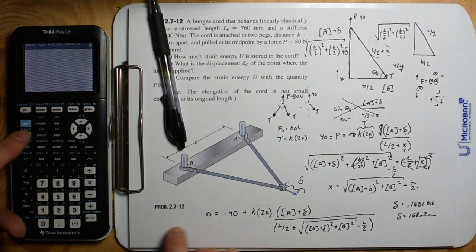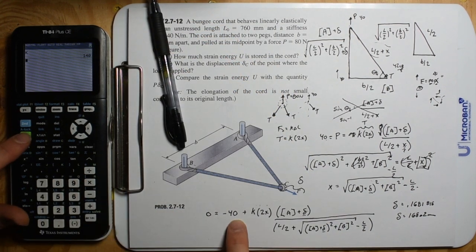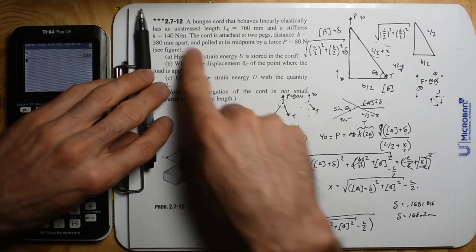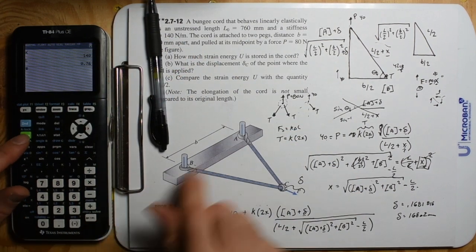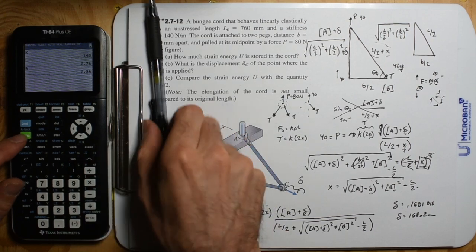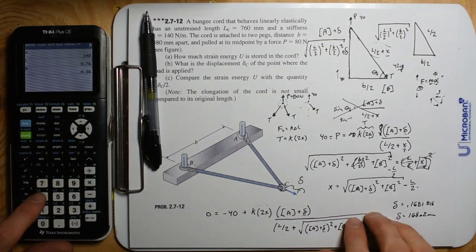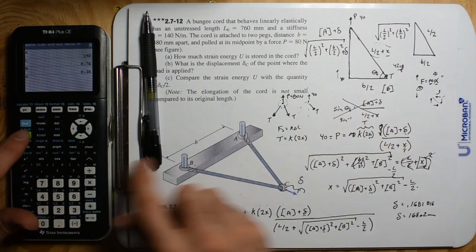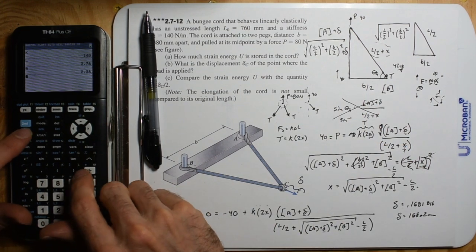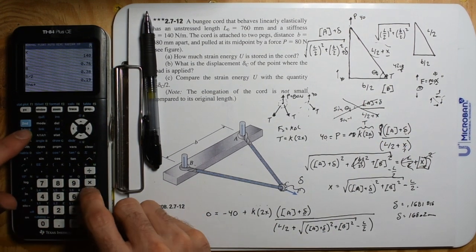So alpha K is 140 newtons per meter. So we got that. Alpha L is 0.76. Alpha B is 0.38. Cool. So we're all set there. So let's start putting these in. We're going to say B over 2, alpha B divided by 2. We're going to store that.